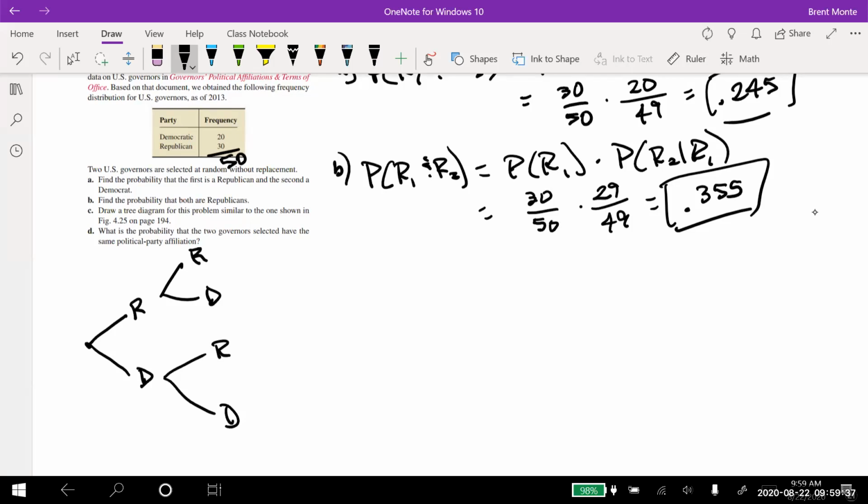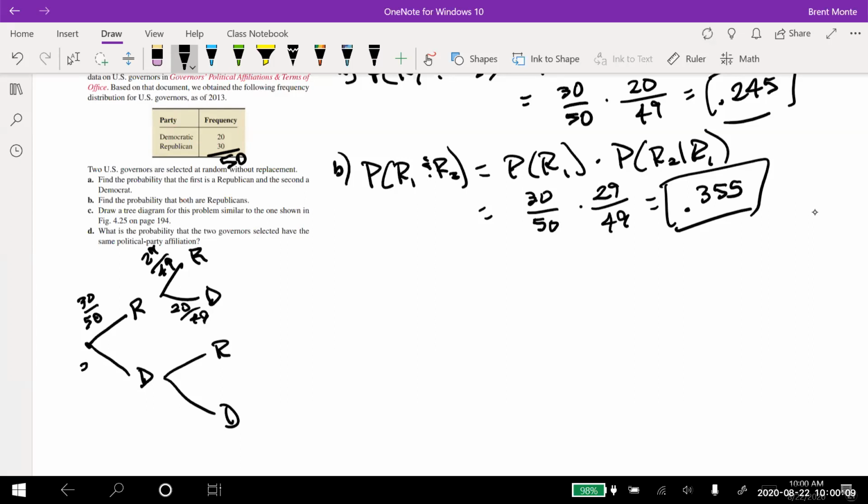What's nice is that I can associate these probabilities. So if I picked a Republican first, that'd be 30 out of 50. If I pick another Republican, there's only 29 out of 49 left. That's the problem I just did. If I picked a Democrat next, there's still 20 Democrats and there's 49 people left.